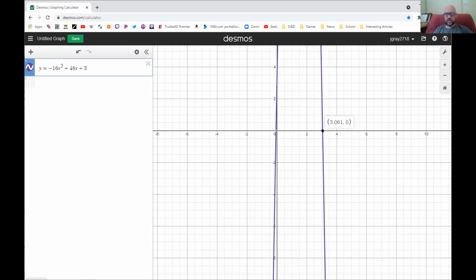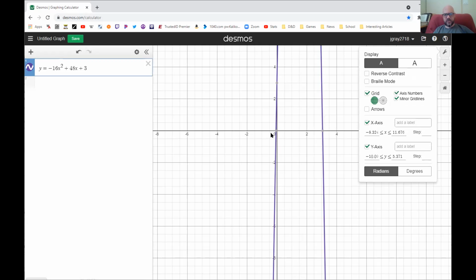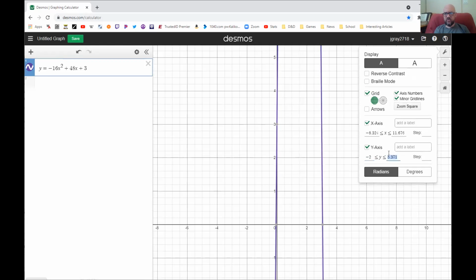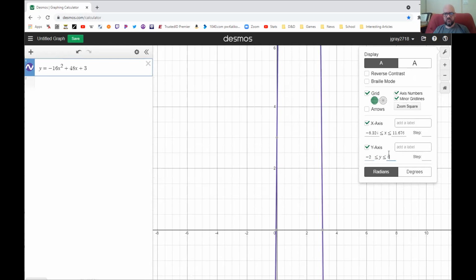By the way, if you want to adjust your Desmos so it looks a little nicer, I'm going to make the y-axis go from -2 to 6. Sorry, that's the x-axis. Let's try that again.